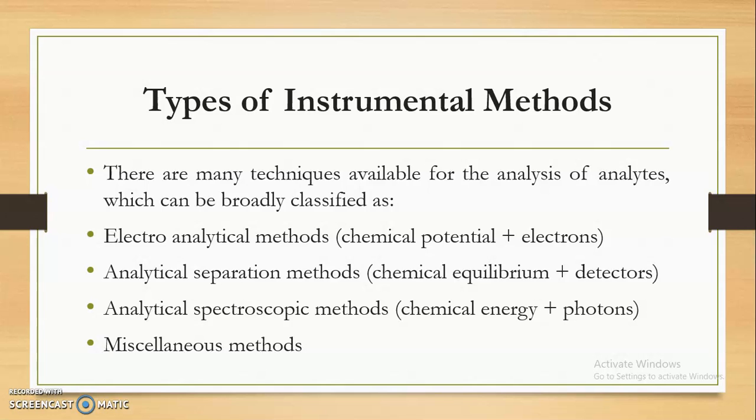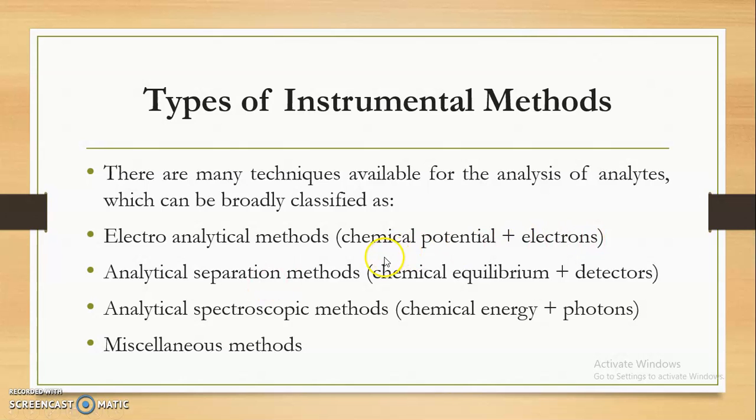Now, the second method is analytical separation method. Separation means what? As we know, various substances or compounds consist of various mixtures, and if we want to carry out the separation of the individual components, then these techniques that are used are known as the analytical separation methods.